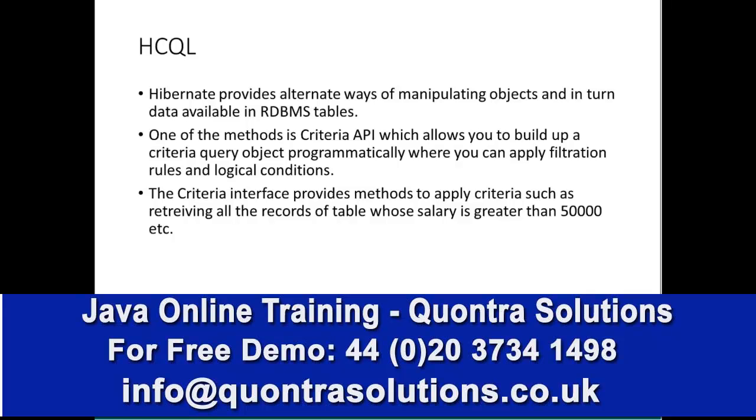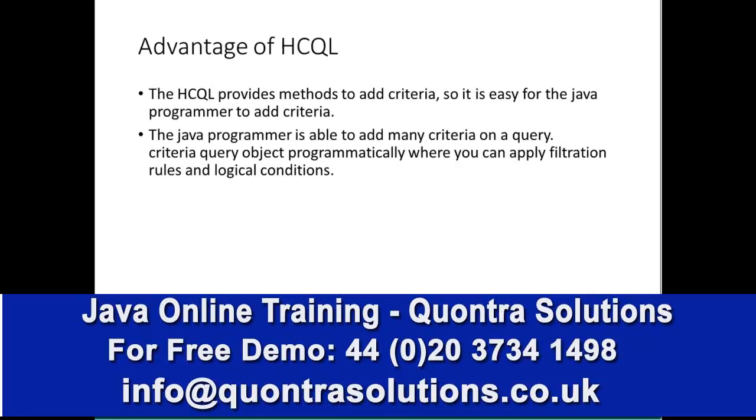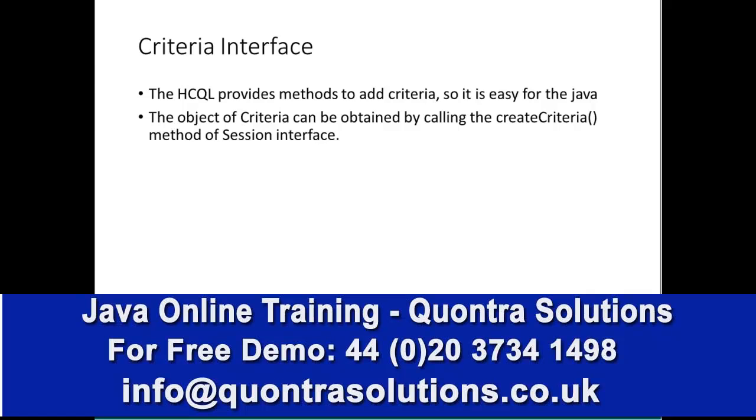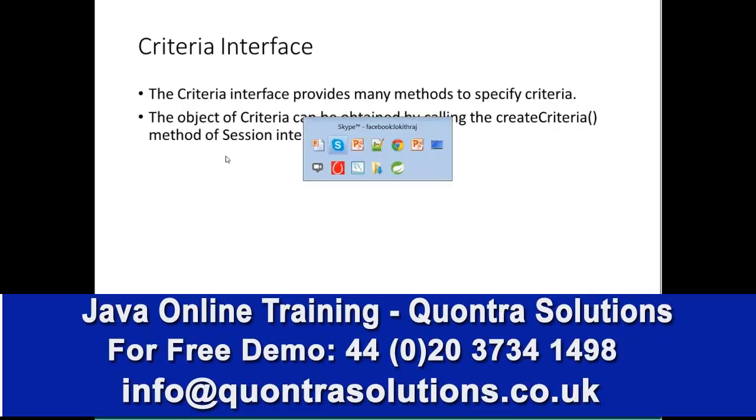The Criteria interface provides methods to apply criteria, such as retrieving all the records of a table, or salary is greater than 500, and a lot of conditions we can add. The advantage is that it provides methods to add criteria so that it is easy for Java programmers to add criteria. So a Java programmer is able to add 20 criteria to a query. Let's go and see one example.